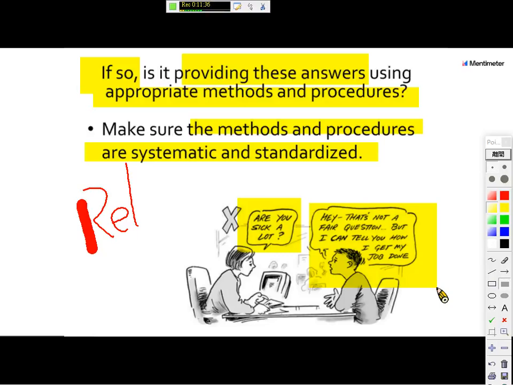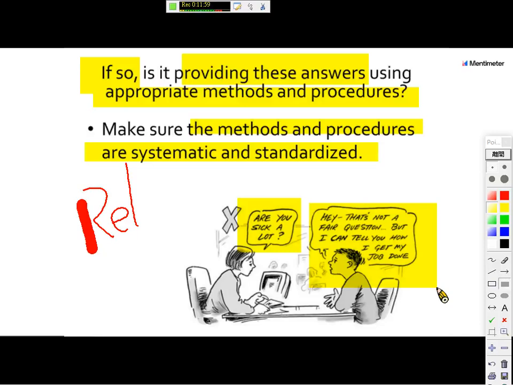This kind of measurement is not systematic. It's not standardized. So you can imagine this. The data you collect will be unreliable.